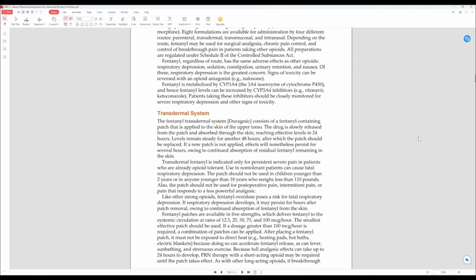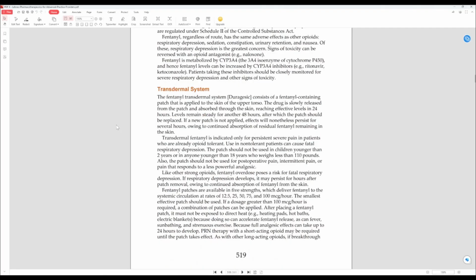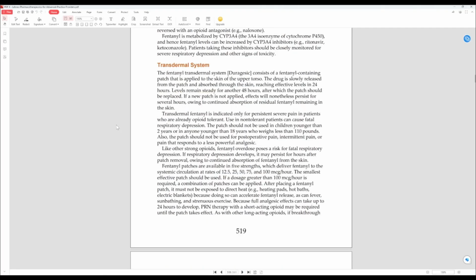Fentanyl is metabolized by CYP3A4, and therefore fentanyl levels can be increased by other CYP3A4 inhibitors. Patients who are taking these inhibitors should be closely monitored for severe respiratory depression and other signs of toxicity.